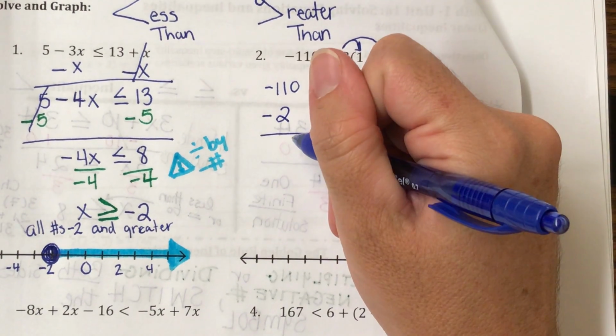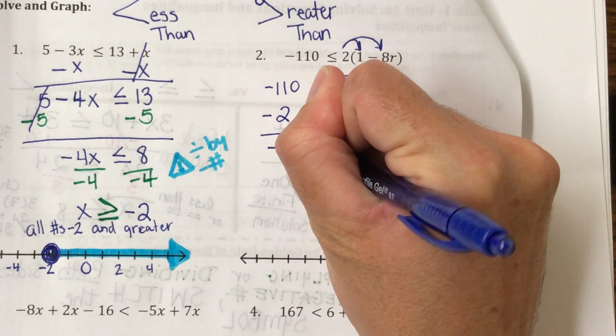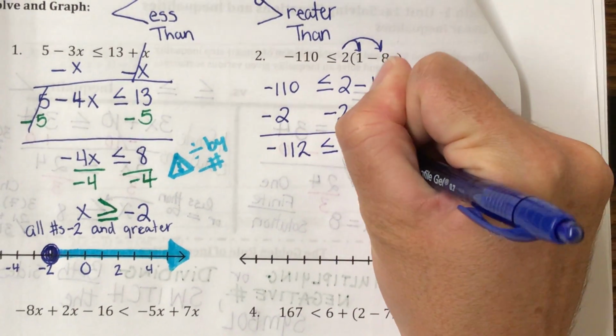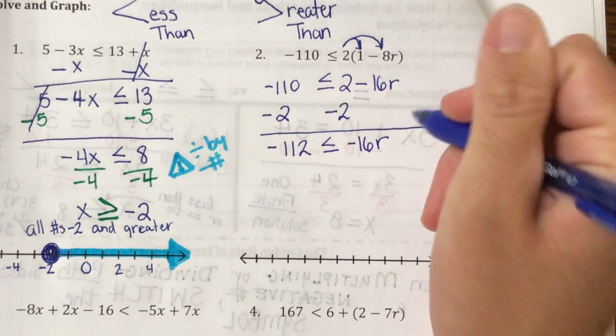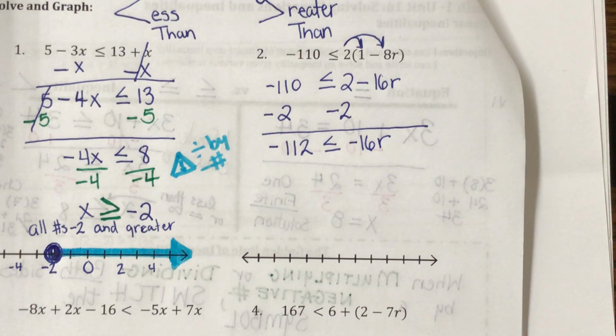Now negative 110 and negative 2 give me negative 112, less than or equal to negative 16r. Now I'm going to divide both sides by negative 16.